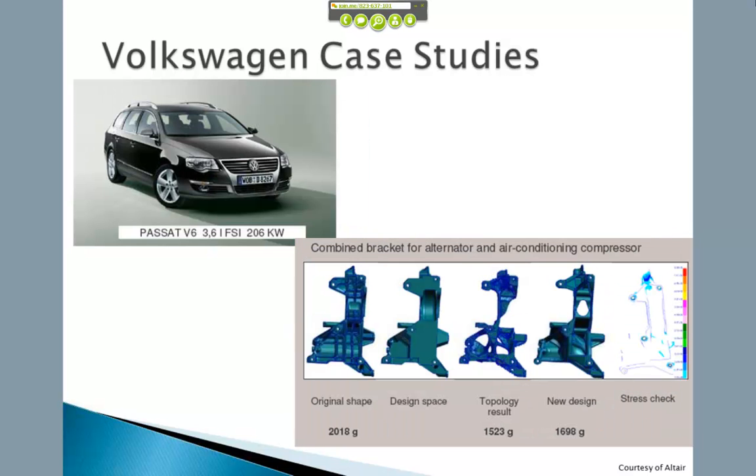Here's another Volkswagen case study, the very first one: 218 grams for this bracket that attaches the alternator and air conditioner. They did a design space and a topology optimization. Does this little, I want to call it a singularity, does this thin member here in the middle look realistic?